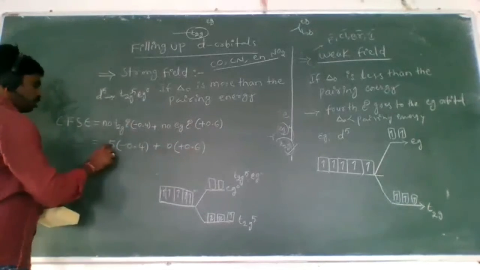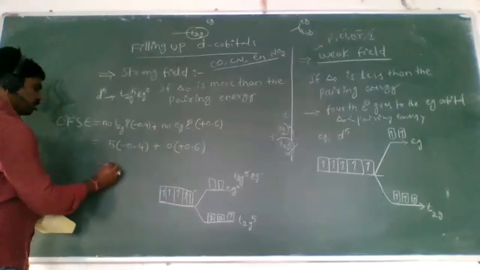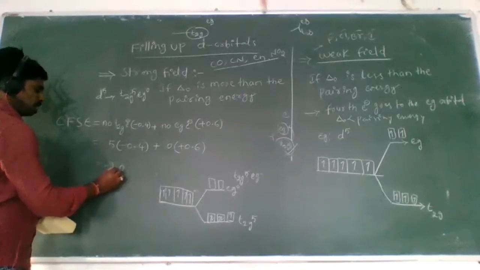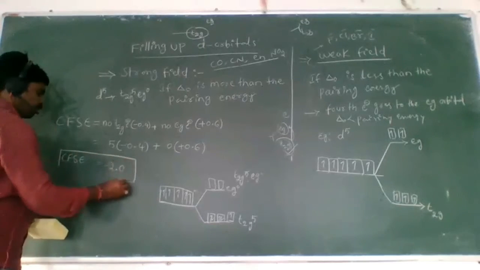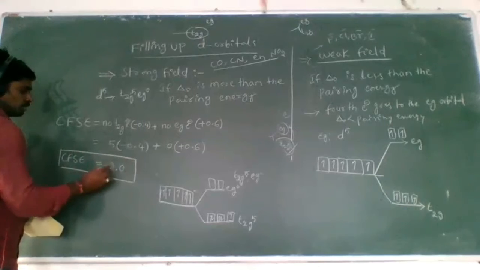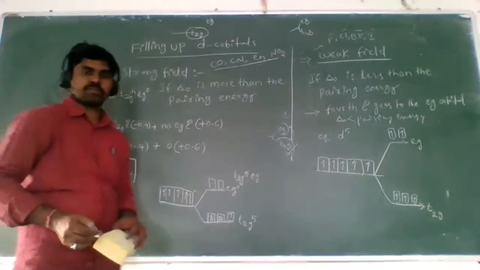So 5 times 4 is 20, so the point is there. That's why minus 2.0. So the crystal field stabilization energy is minus 2.0 delta naught. Is that clear?